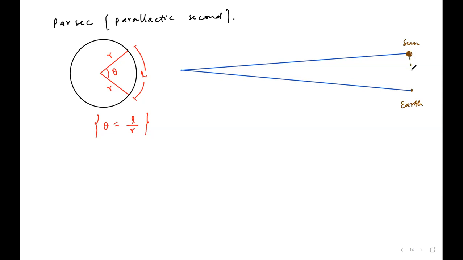So the distance between these two is called astronomical unit. If this astronomical unit behaves as length of arc, and it would subtend an angle of 1 second at this far point, this distance is called 1 parsec.